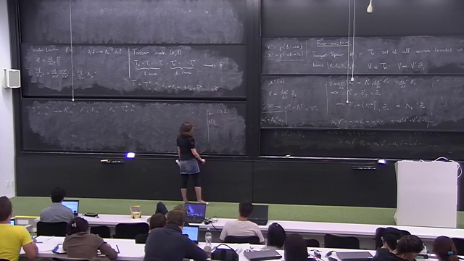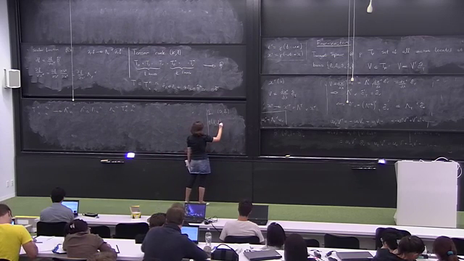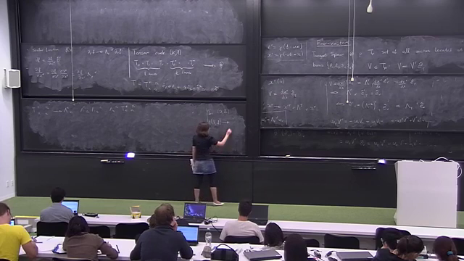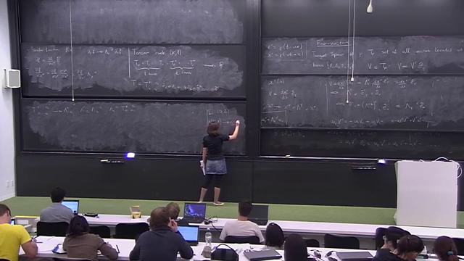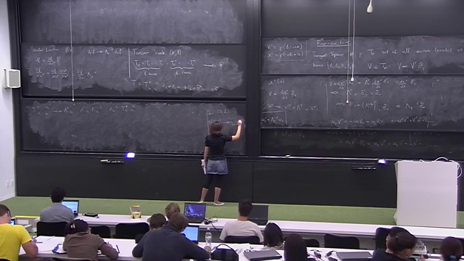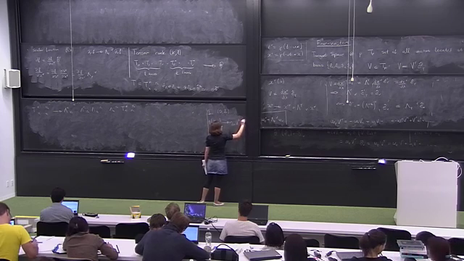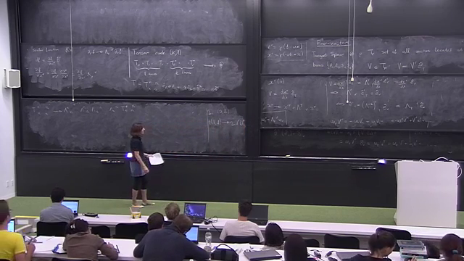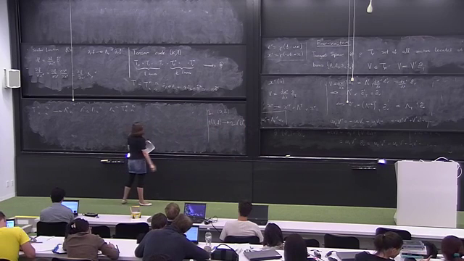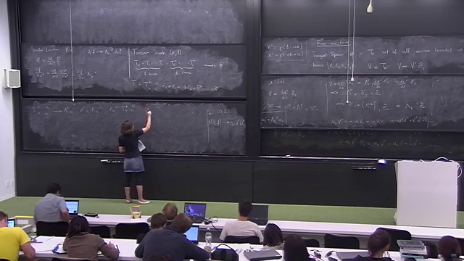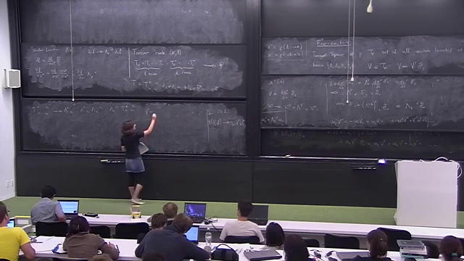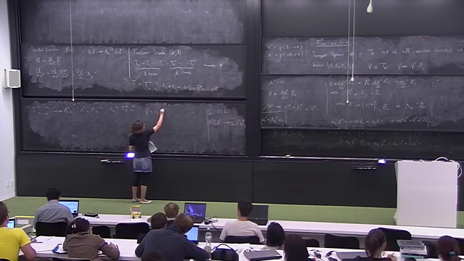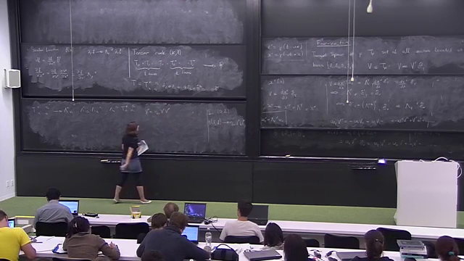Eta will act on the vectors v and u, and will take them to eta mu nu v mu u nu. And I can also define v squared to be eta mu nu v mu v nu.